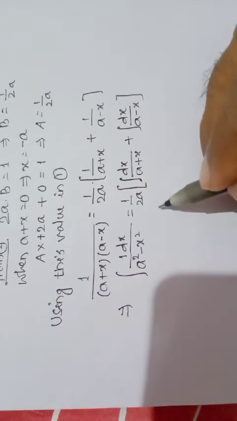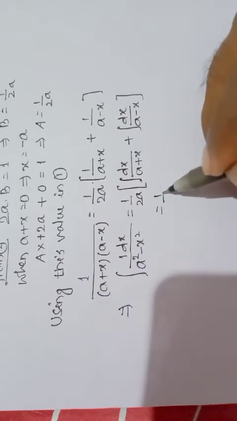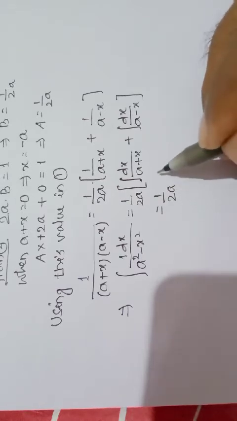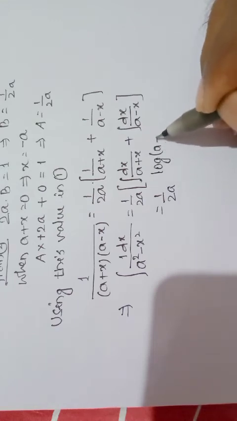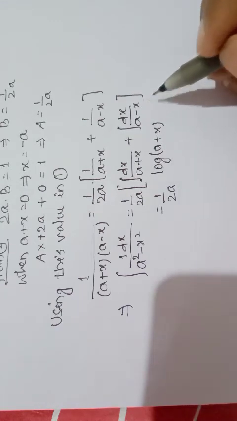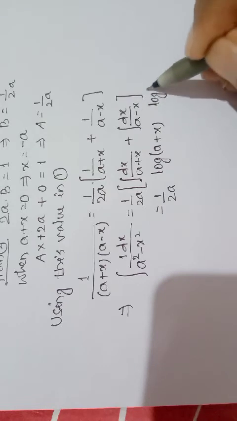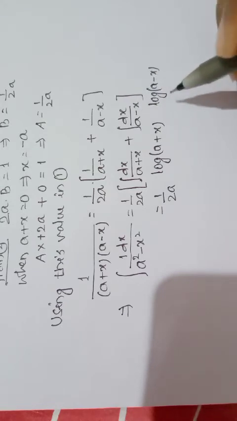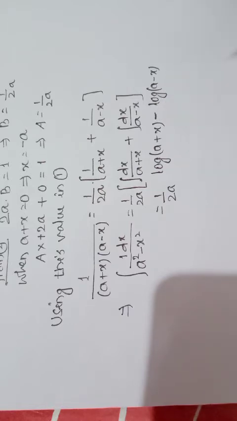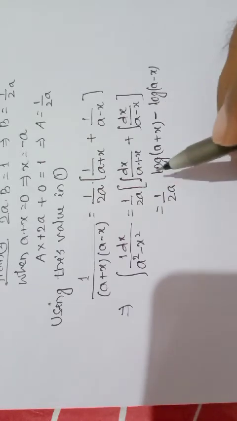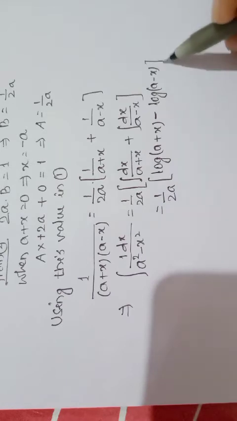Now integration becomes very simple. This would be 1 upon 2a log a plus x, and this is log a minus x. The coefficient of x is negative, that is minus 1, so it becomes minus, and 1 by 2a is overall common.